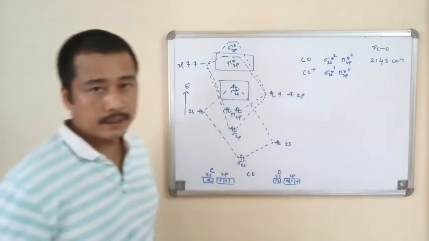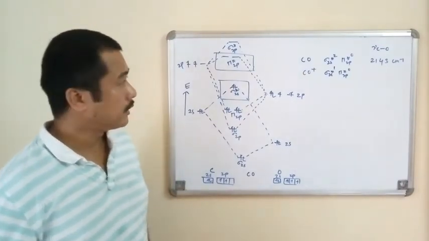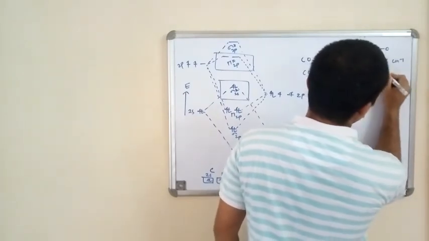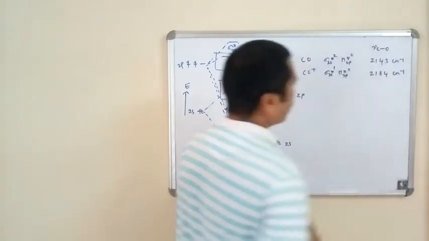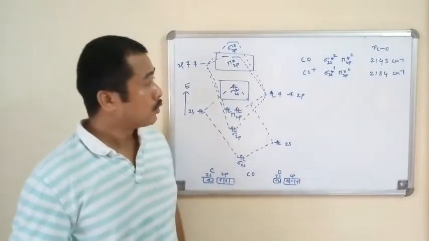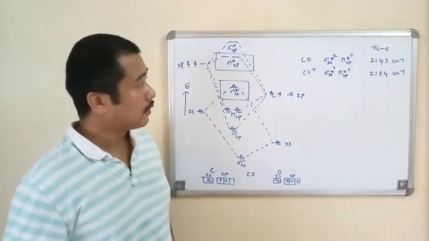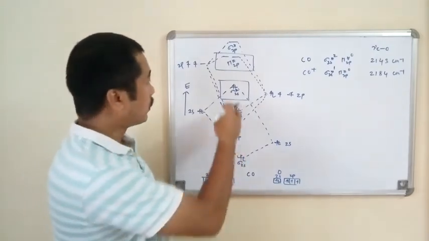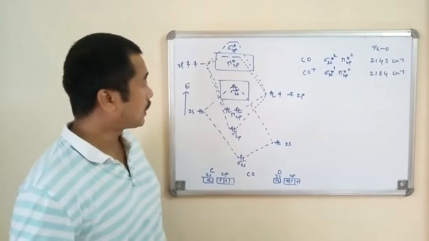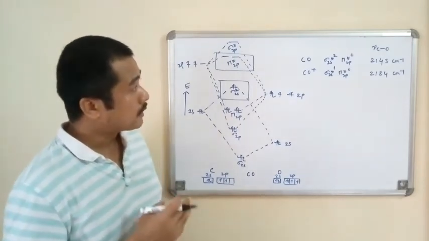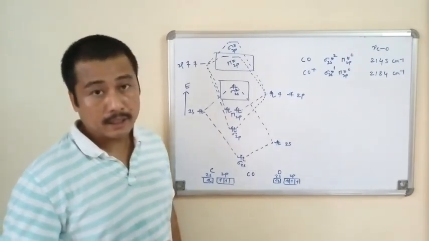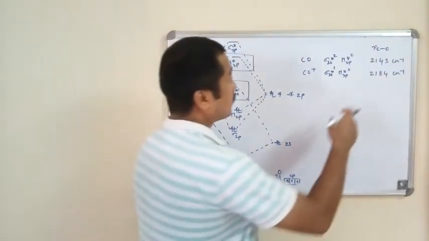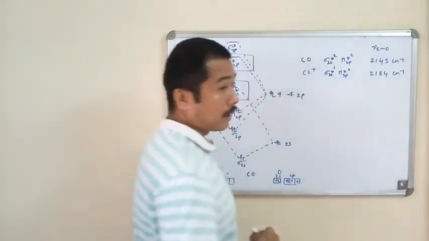And now if you look at the CO stretching vibration of this ionized carbon monoxide species, you will find that it has slightly increased and become 2184 centimeter inverse. What it tells us is that on ionization of carbon monoxide, or removal of one electron from this sigma star 2s molecular orbital, the CO bond strength has increased, or the CO bond order has increased, and that is why the CO stretching vibration has increased.